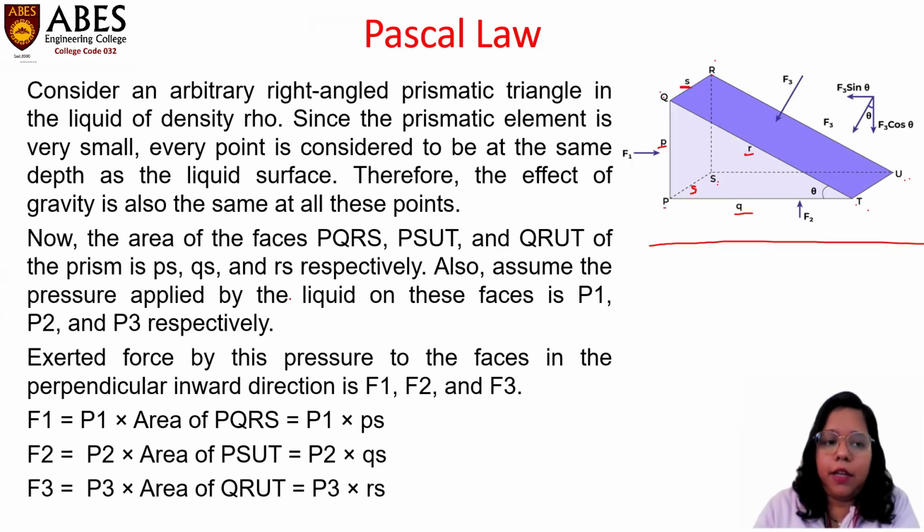So here, the areas of PQRS, PSUT and QRUT of the prism are ps, qs and rs respectively. Also assume the pressures applied by the liquid on these faces are P1, P2 and P3 respectively.